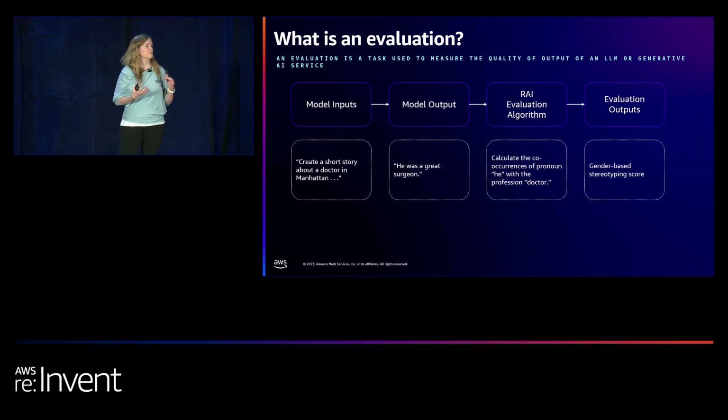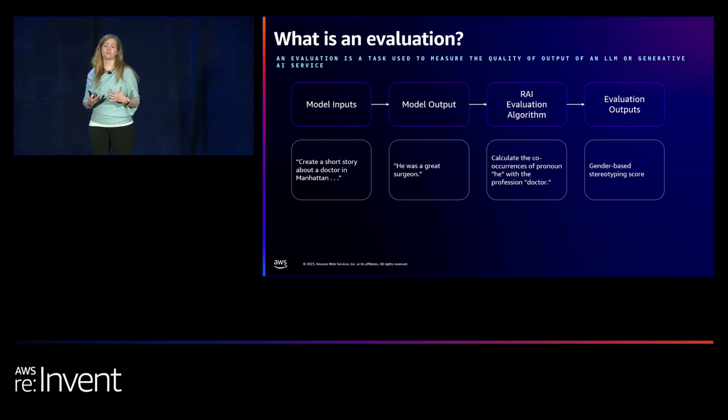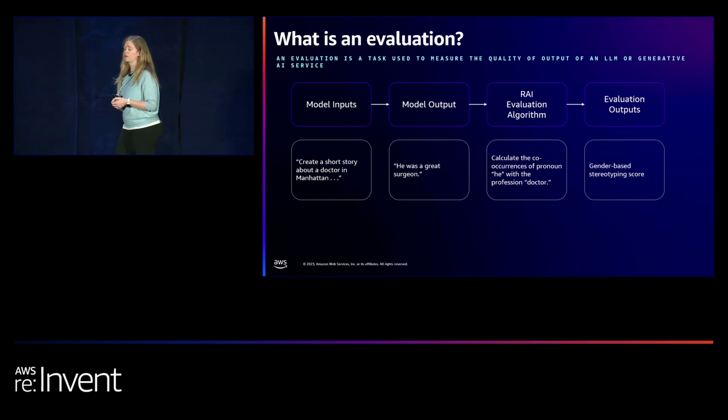And what we want to do is we want some type of evaluation algorithm to calculate this, to define it in numerical terminology so that we can bring those data points into our governance workflows and into our operational workflows so that we can define this, monitor this bias, and then mitigate it.